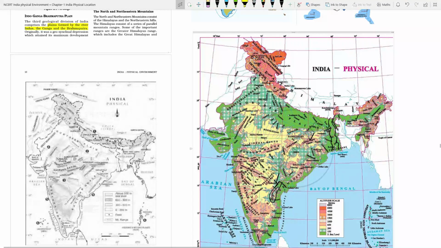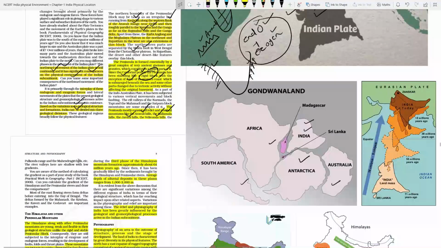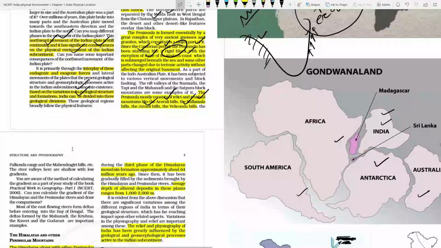And here Palkonda, Velikonda is here only. ये इतने एरिया पे ही those hills are there. ठीक है. Okay. So these are the important hills, like even the Mahendragiri hills, ये उड़ीसा के पास है. ठीक है. So in the peninsular part we have understood what the things are, है ना.